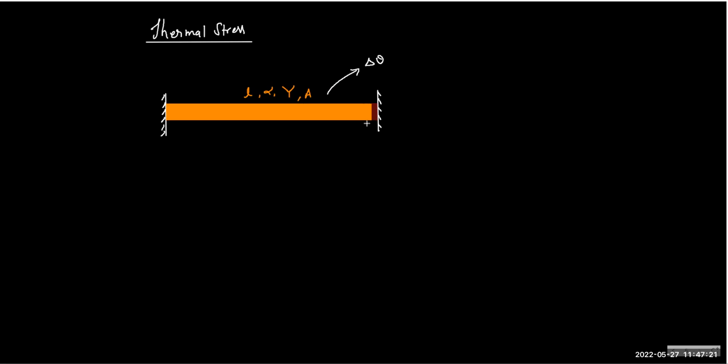What is natural length? For every temperature, there is one length which is called natural length. The gap will be filled at high temperature. So for that high temperature, the natural length was the gap plus the length of rod. But when you go back to the same temperature, then the natural length should be L only. So the gap will behave as the amount of deformation in the rod.